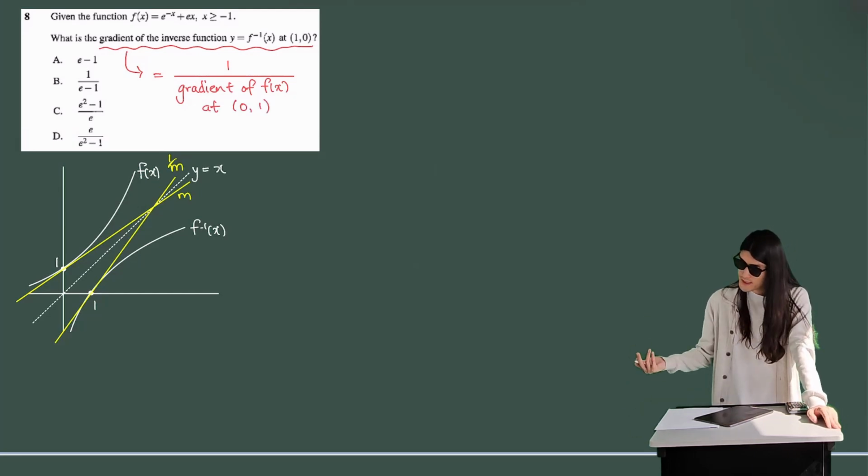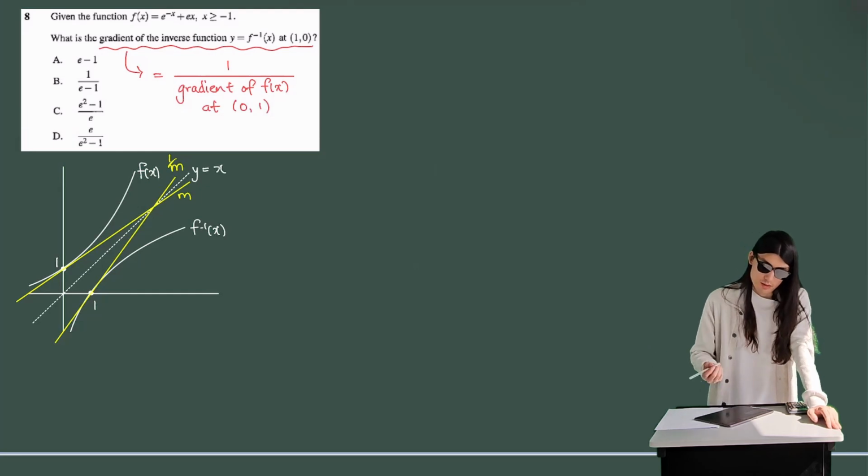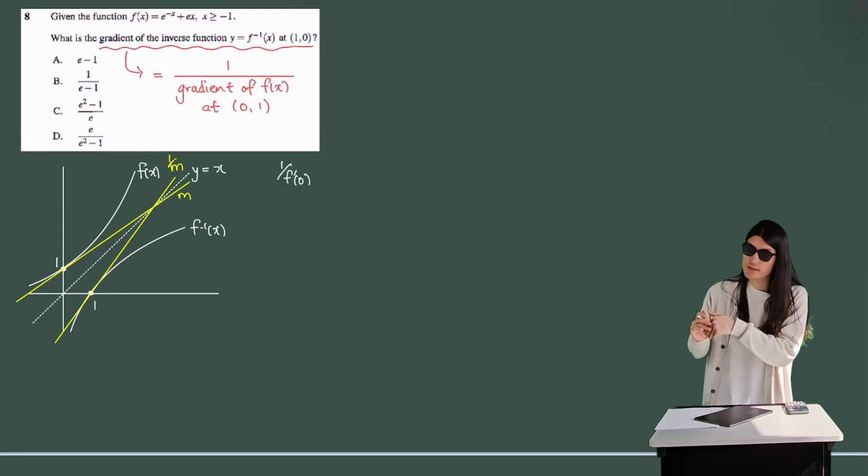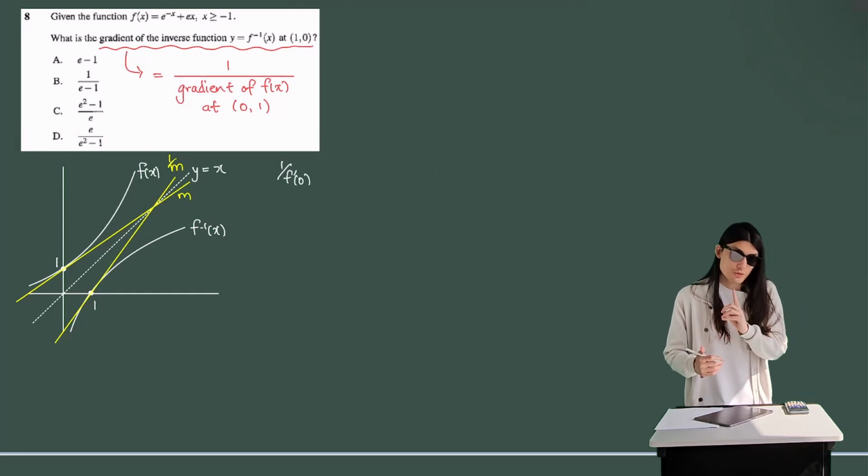And that's so easy to obtain. Why? Because what you're essentially looking for is just 1 over f dash 0. The gradient of f of x at the point 0, 1, you call that f dash 0, don't you?